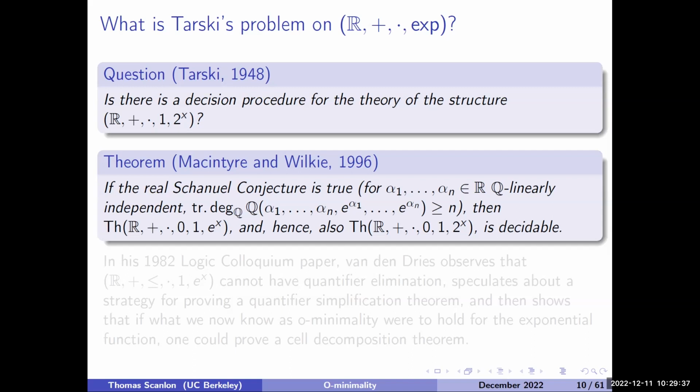For instance, if you were to put 1 here, 1 is linearly independent, it's not 0, but Q adjoined 1 and 2 has transcendence degree 0. We wanted to have 1, but we would have 1 if we put e. So it does matter for the statement.